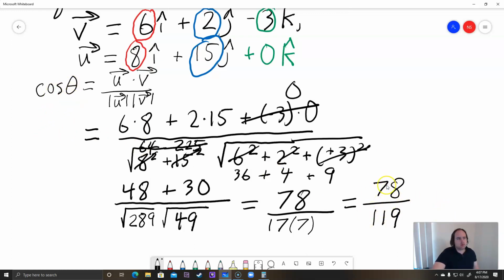So here you don't have to worry about degrees or radians, because this is actually a value of a cosine. Remember, cosine is adjacent over hypotenuse. So here we're saying the adjacent is 78 and the hypotenuse is 119. So that's actually correct. And you don't need to write degrees or radians here. Okay, so that's our answer.